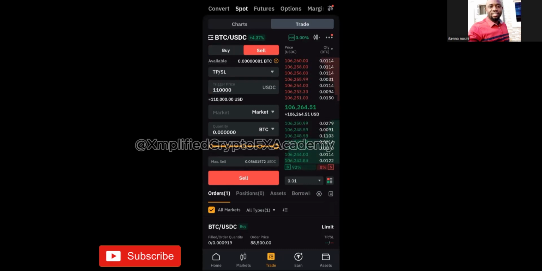So you drag it to that place and click sell. Remember, I'm taking profit only. This function does not allow me to activate my stop loss at the same time. For the take profit part, it places the sell, but unfortunately it doesn't trigger because I don't have any BTC.